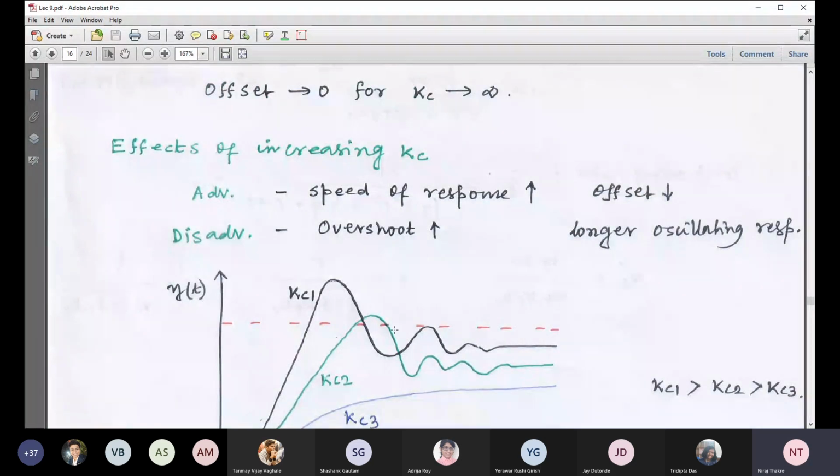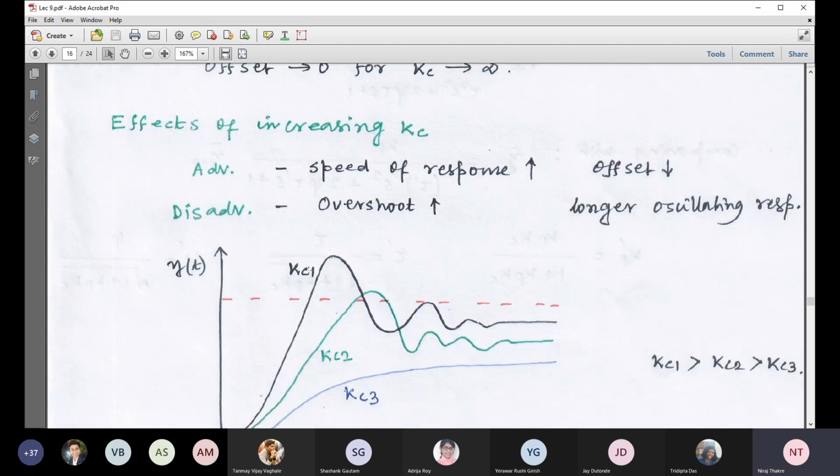Basically, you see, here oscillation is for a longer time. If you have a very large Kc value, then you will reach the ultimate value for the first time faster, earlier than the other plots. So it has reached the ultimate value first. This is what we call rise time. Rise time is less.